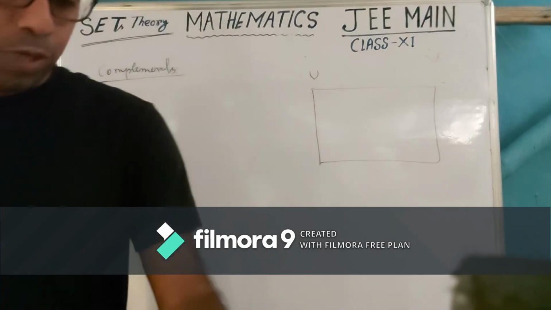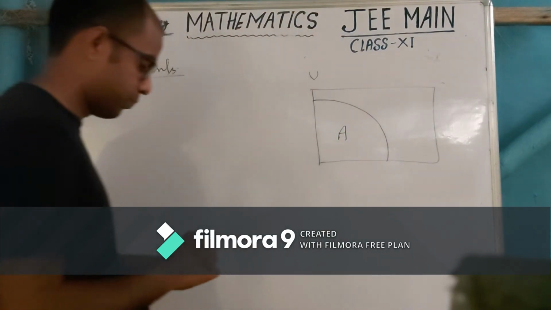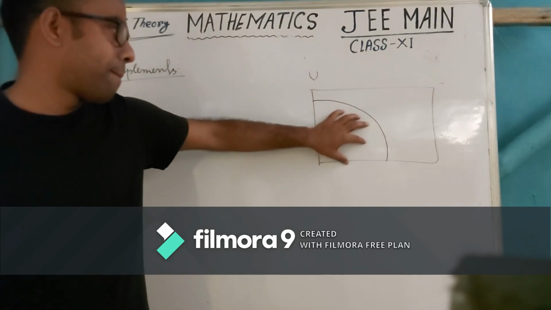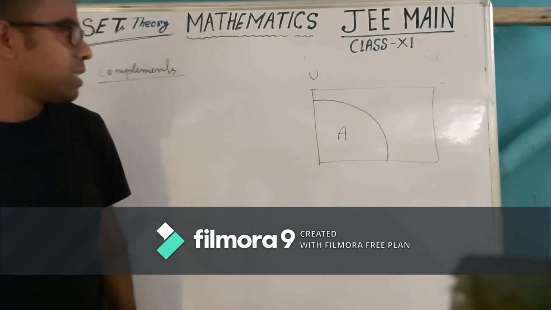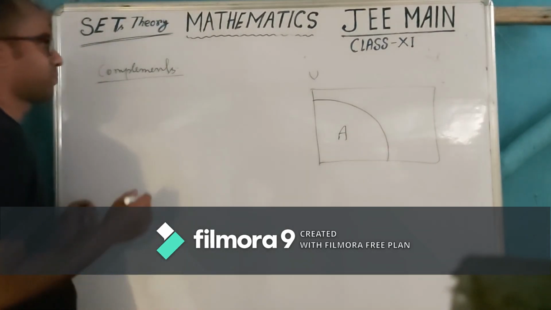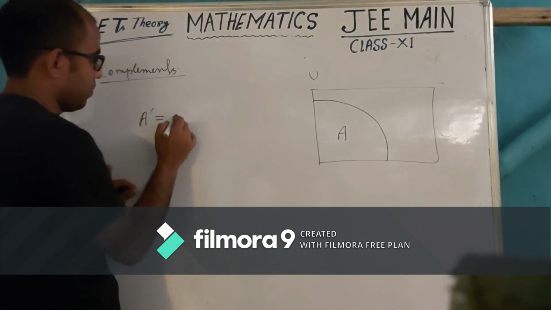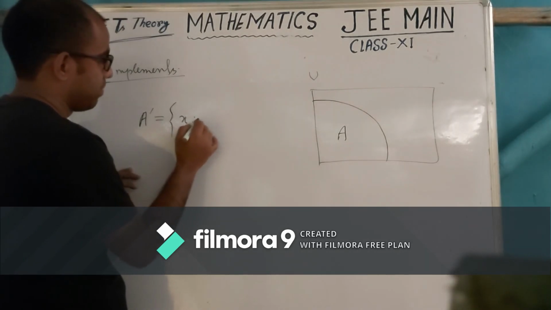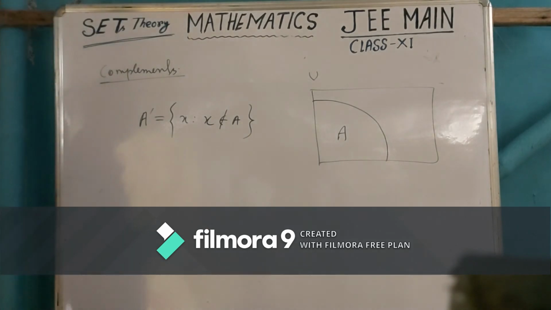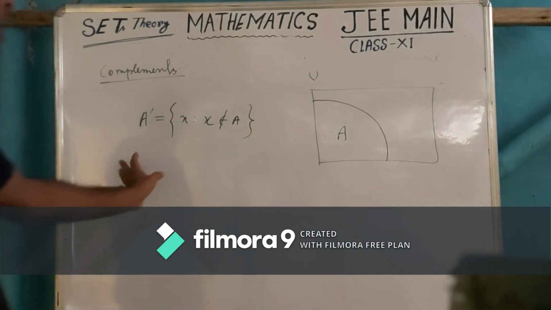This is a universal set U. This set is called A. Suppose we consider a set A contained in U. Then we define the complement, that means the set of the universal set U which does not contain the elements of A. That means A dash is the symbol, equal to {x such that x is an element of U, but x does not belong to A}. This is the complement of the set A.